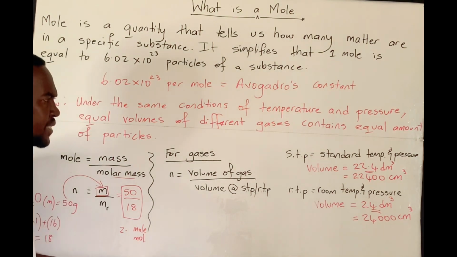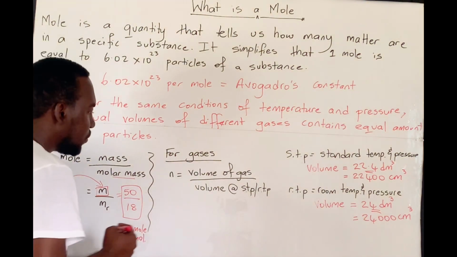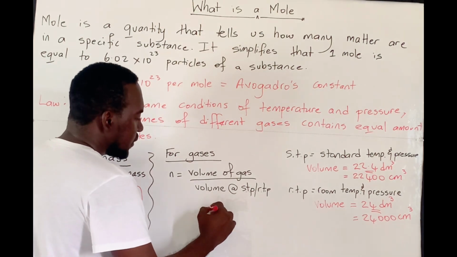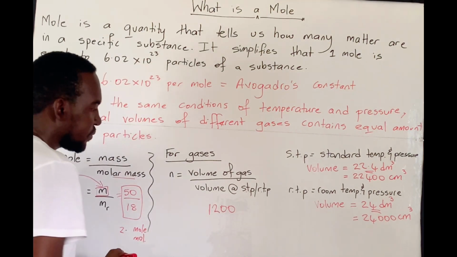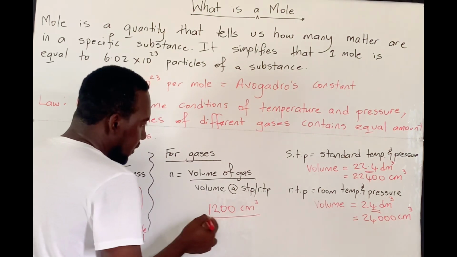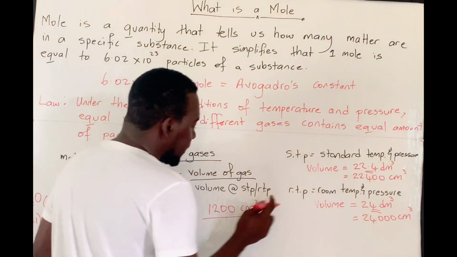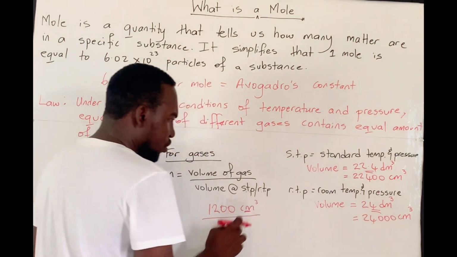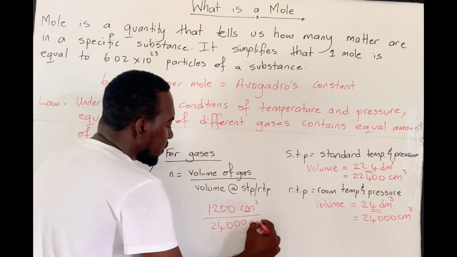Now, let's examine if we have a specific gas, right? And we have carbon dioxide and we have 1200 cm cube of carbon dioxide at RTP. Then at RTP, we have to use the corresponding unit of this gas. So we know that it's centimeter cube, so we use the centimeter cube value for RTP, which is 24,000.